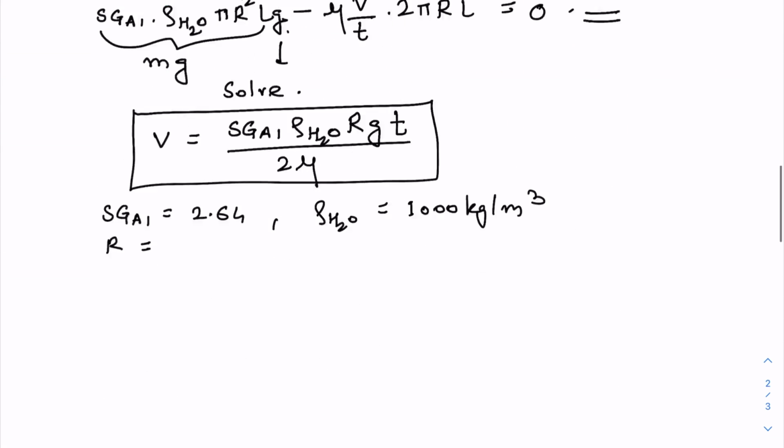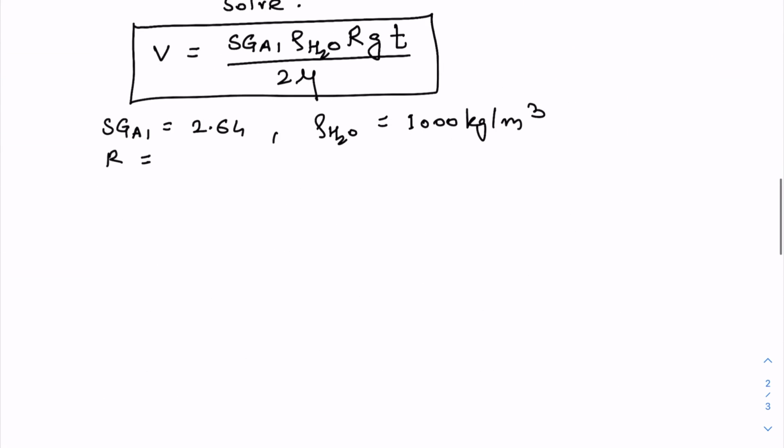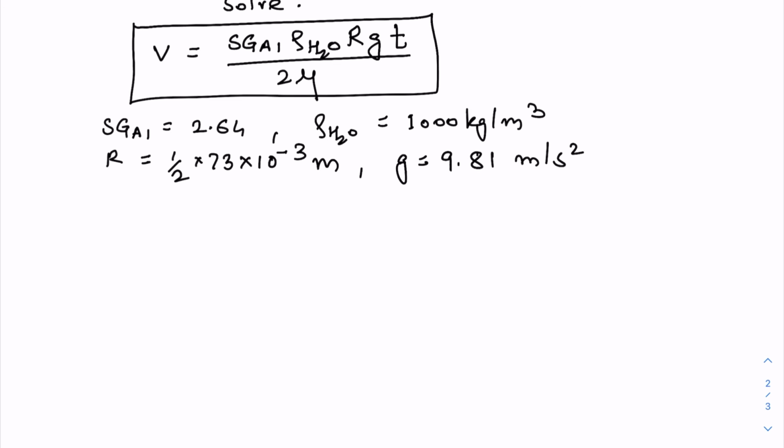So R is 1 by 2 times 73 mm. So writing it in meters, the radius is this. Acceleration due to gravity is 9.81 meter per second square.